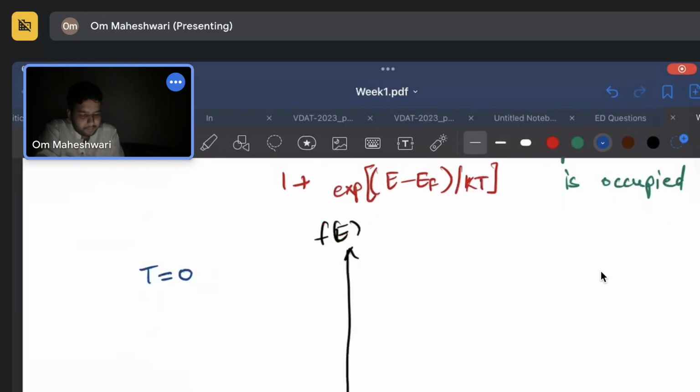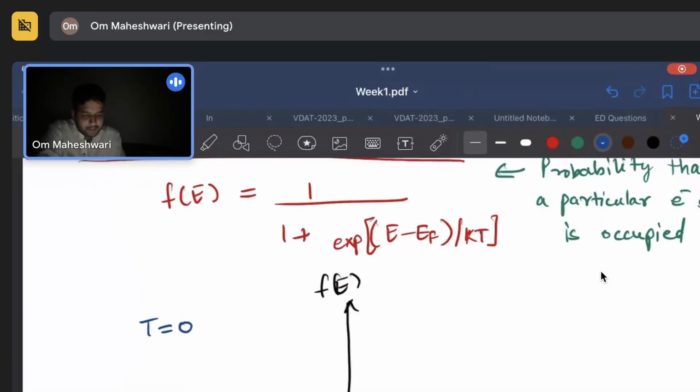Let us say this point is EF. For energy greater than EF, if T is 0, exponential of something positive divided by 0 will be infinite, right? And 1 upon 1 plus e to the power infinity will be 0.